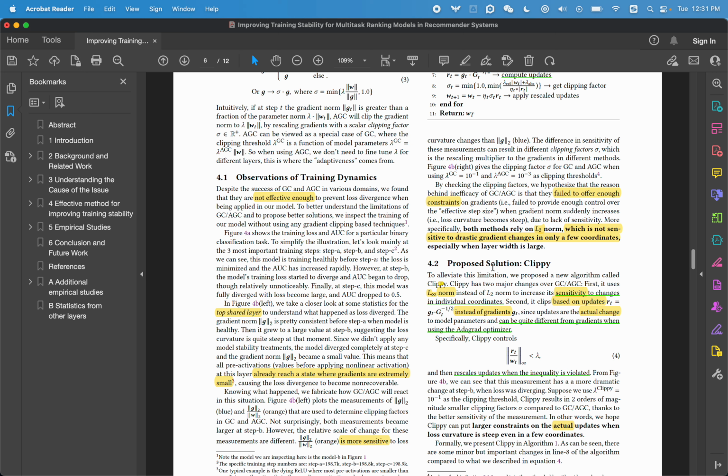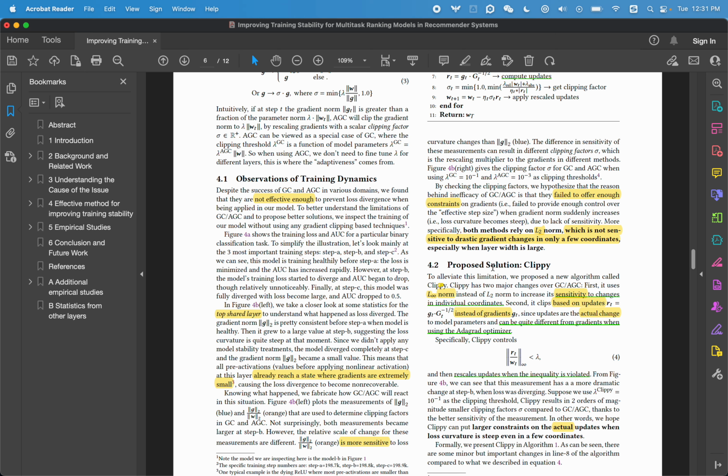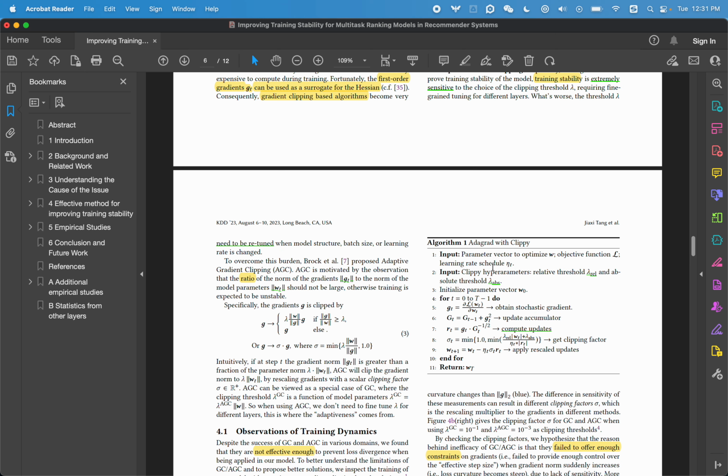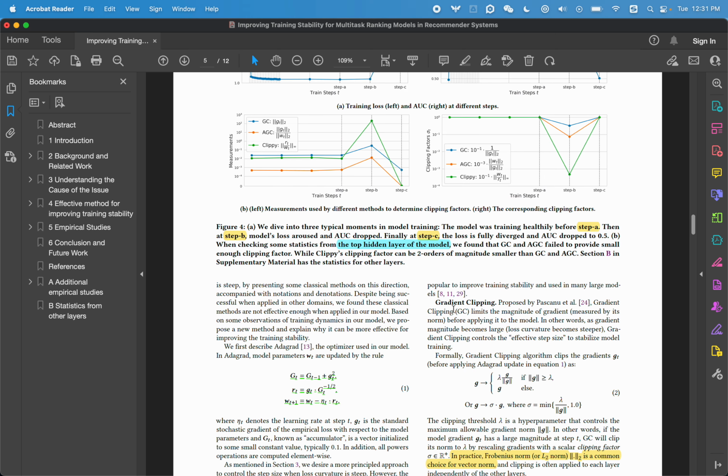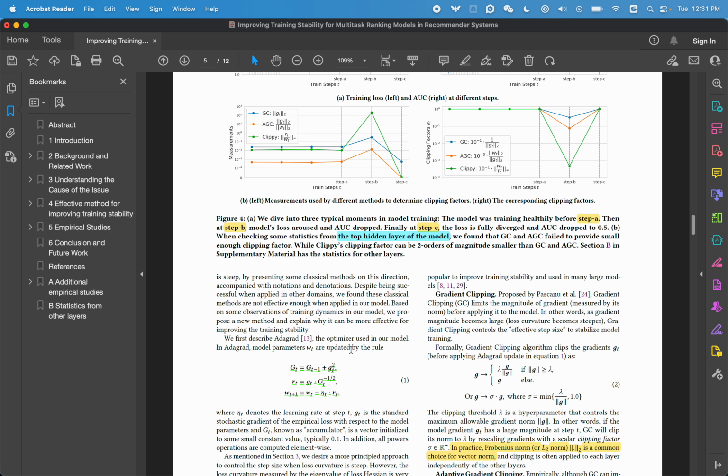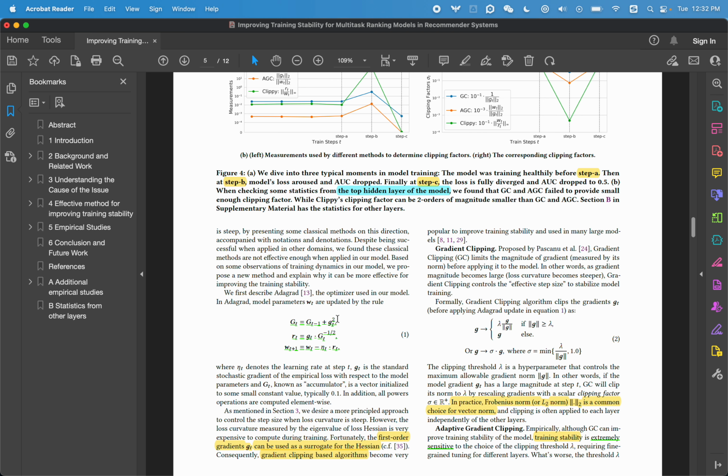The second reason: instead of working on the gradient, because GC and AGC work before Adagrad, but after you do the optimization step, funny things might happen to the actual updates.